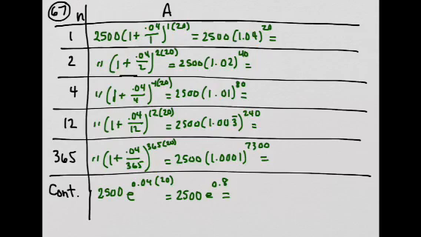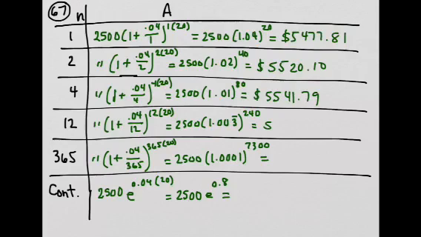So for the first one, you get 5,477 with 81 cents. For the second one, you get 5,520 with 10 cents. Then you get 5,541.79.